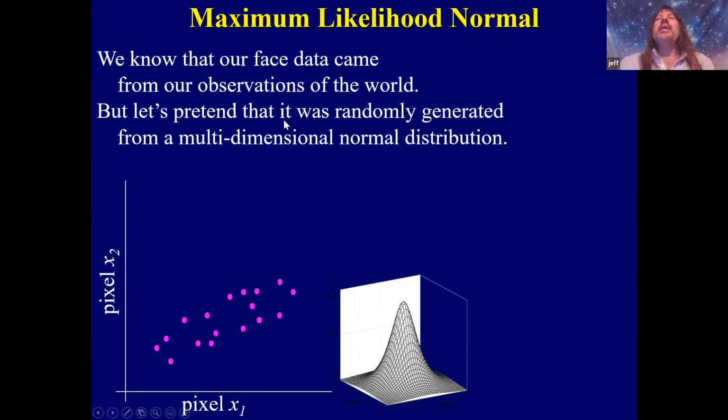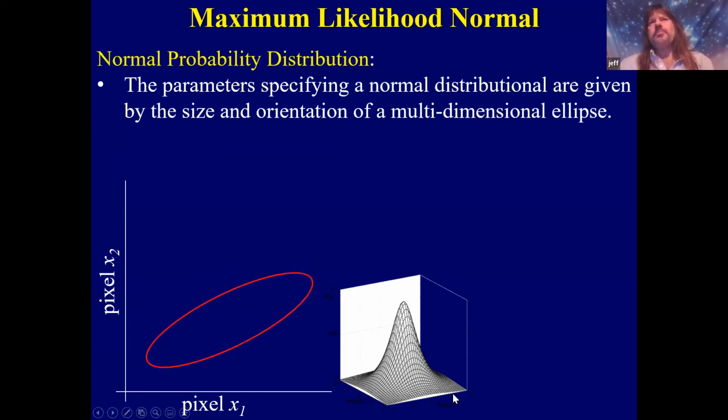We're going to pretend that all these points were randomly generated from a multi-dimensional normal distribution, just like this here. This is a normal distribution, and we're going to pretend that's where we got the data from, right? That it's not just stuff from faces, but it was randomly generated.